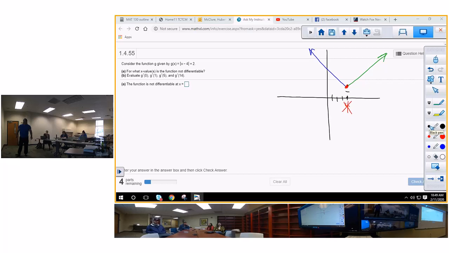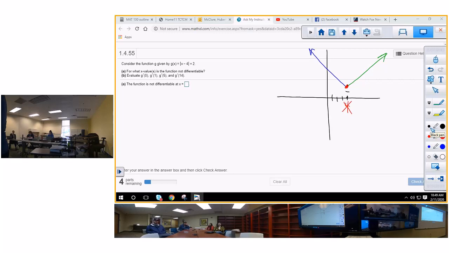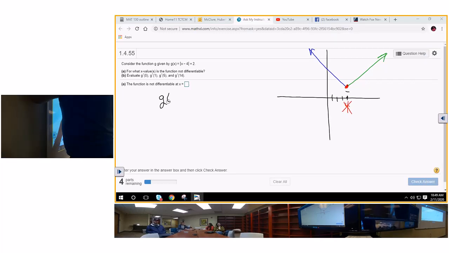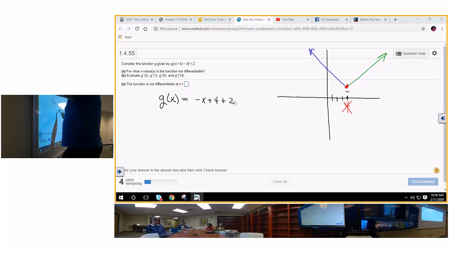So now we have to find g of x. Oh, I know why. Did I take the derivative of those functions? I don't think I did. My bad. Okay, well, I'll figure it out this time. g of x is equal to negative x plus 4 plus 2, which is negative x plus 6.